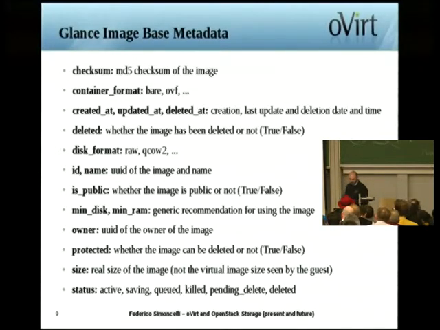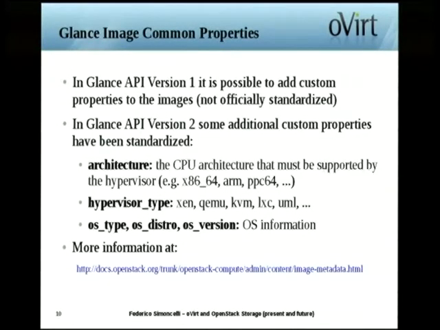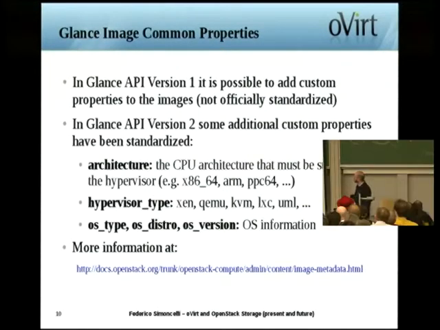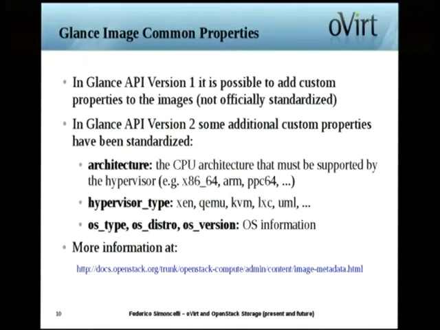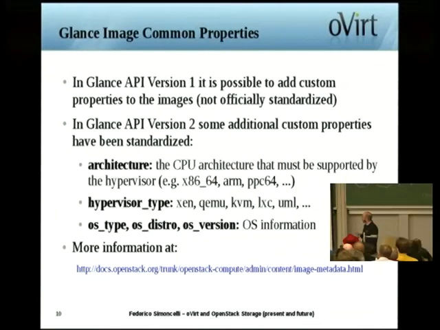We also have some additional properties that are now more standardized in version 2 about some additional information about the image such as the architecture, the hypervisor type, and some other information.